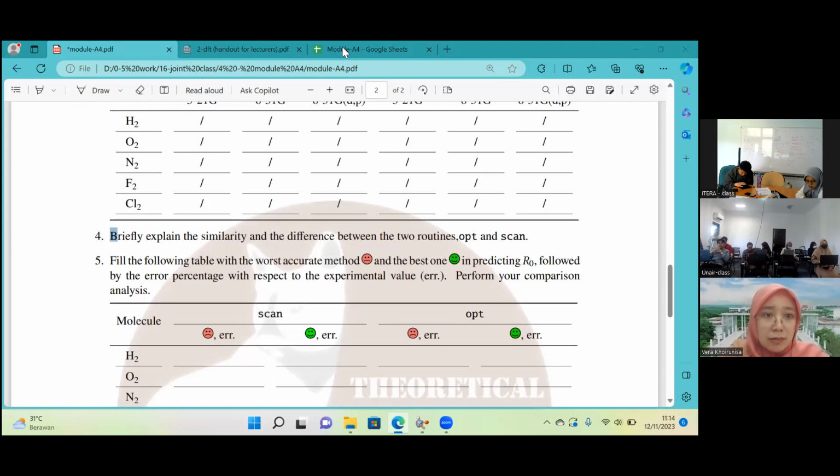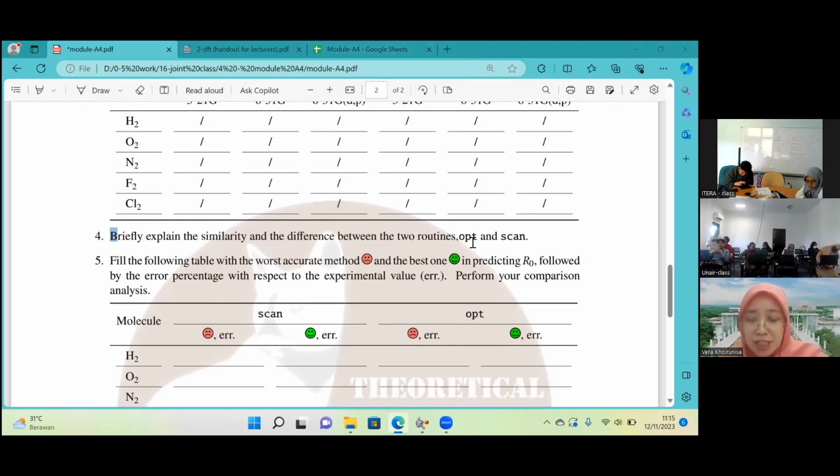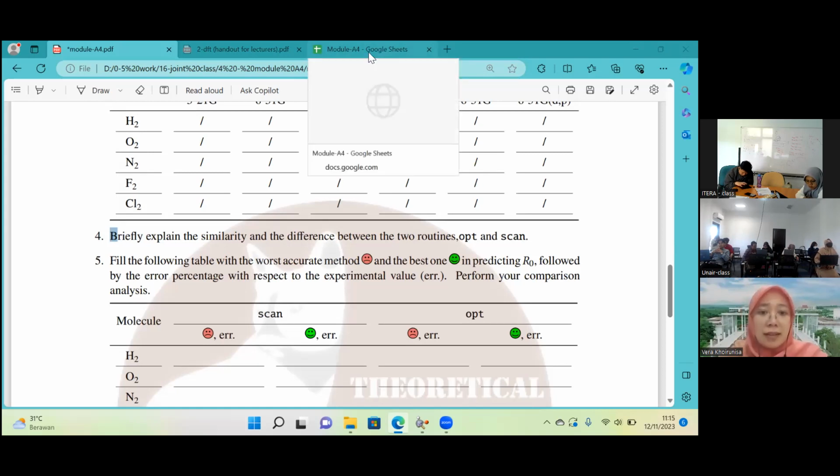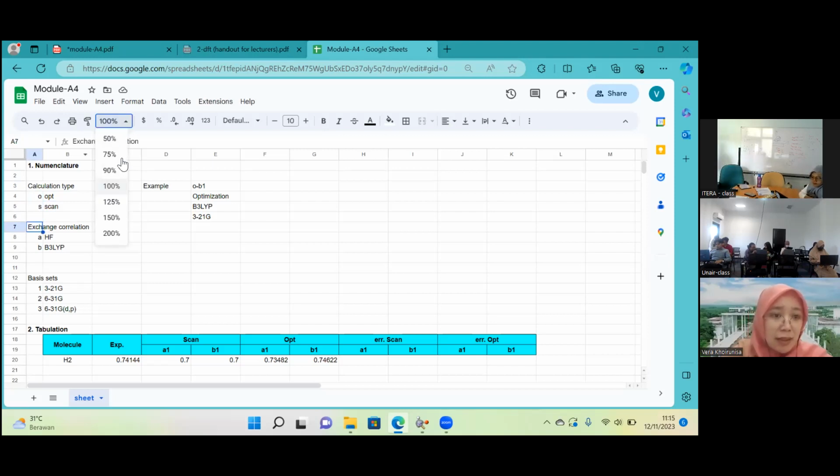So in my case, I already have 4 calculations: 2 calculations of optimization and 2 calculations of scan. Before I make a calculation, I define the nomenclature. The first is the calculation type, so O for optimization, S for scan. And then the second one is the exchange correlation. Okay, can you see it?